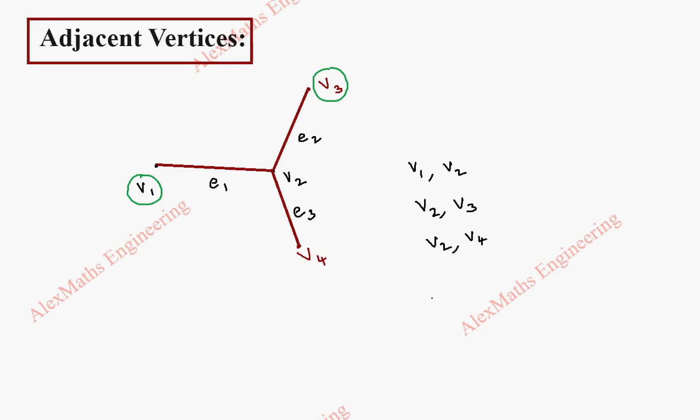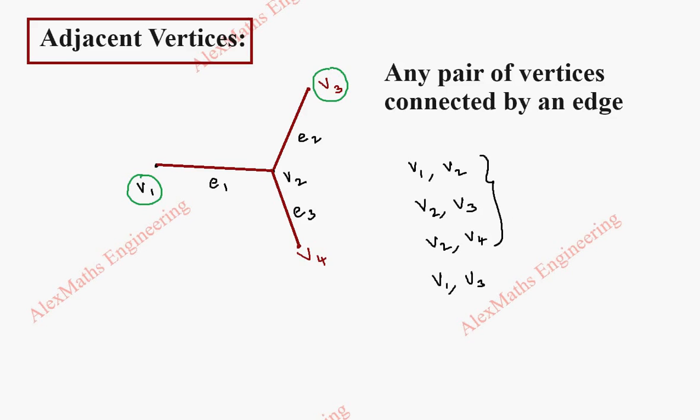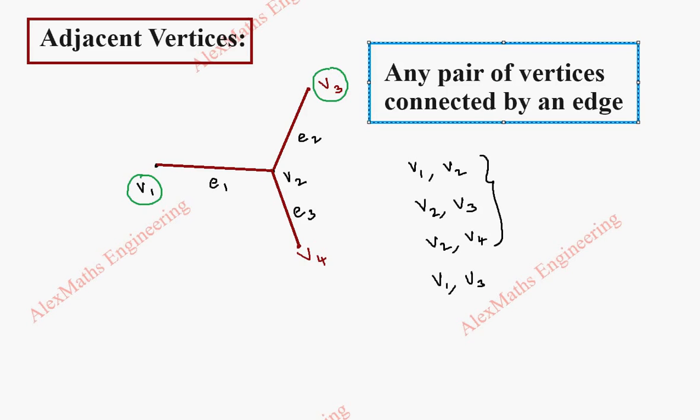So we cannot say V1 and V3 are adjacent. So these pairs of vertices which are connected by an edge, we call adjacent vertices, whereas V1, V3 and V1, V4 are not connected by any edge, so they are not adjacent vertices.